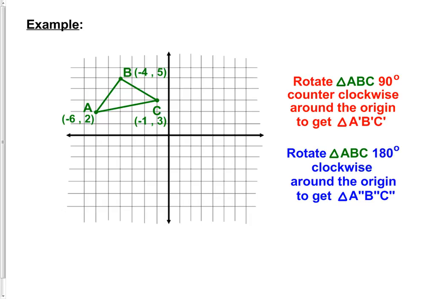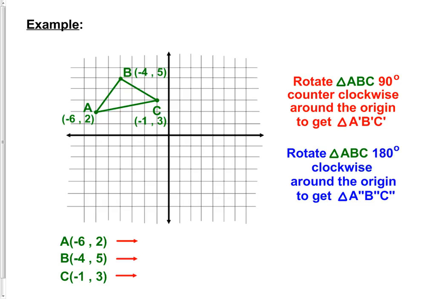And counterclockwise, if you start at the top of a circle and move around, going from right to left is counterclockwise. So if we are using the origin as the center of our rotation, that means triangle ABC is going to go 1/4 of a turn around the origin, and we're going from quadrant 2 down into quadrant 3.